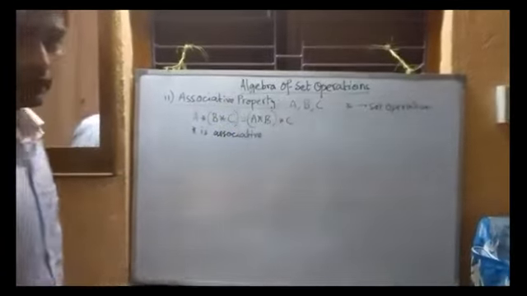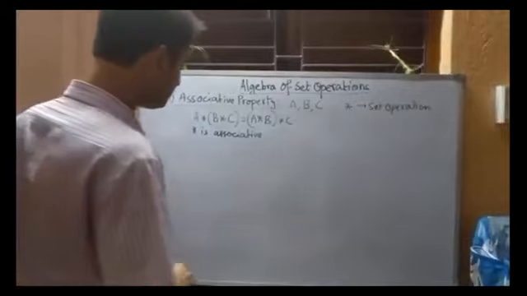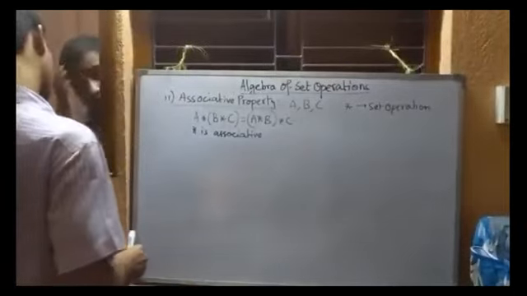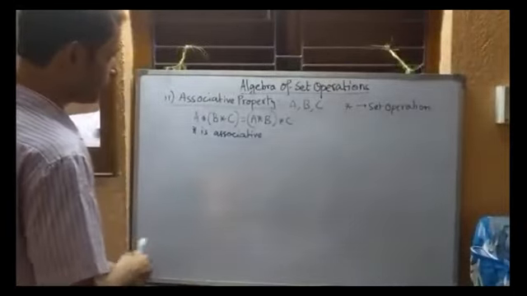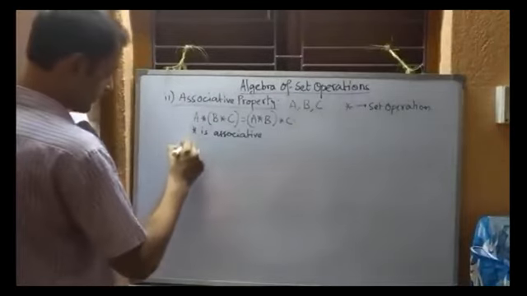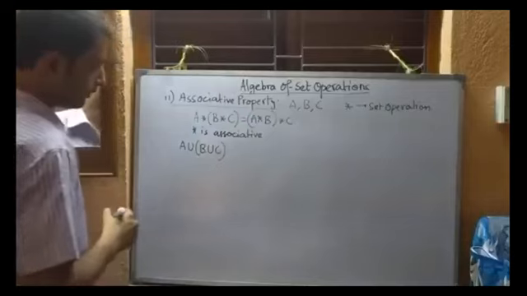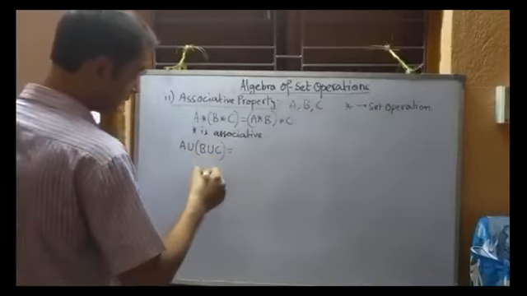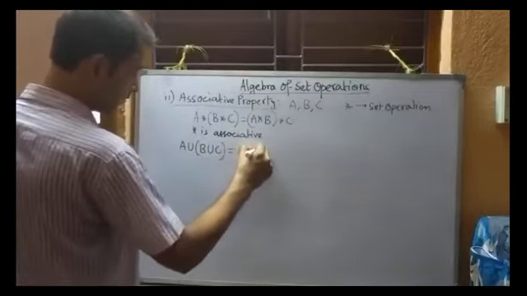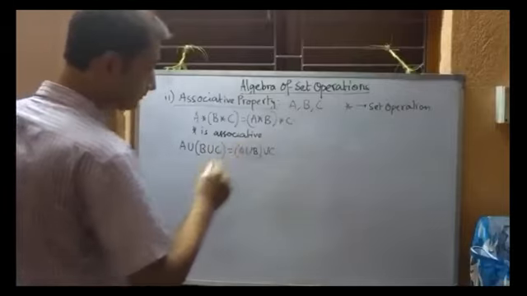Let us verify the set operations one by one. First of all, we see the associativity of union. For that we take A union (B union C), and it should be equal to (A union B) union C.